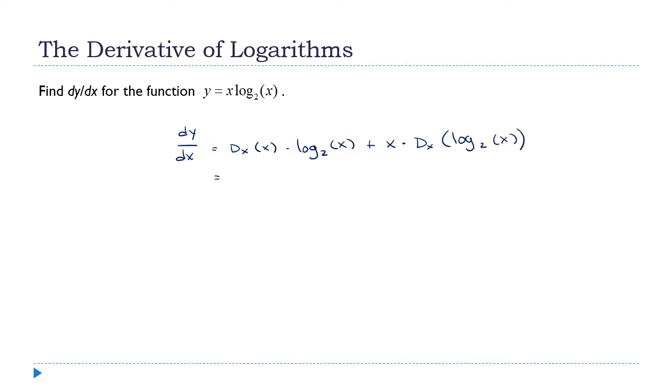The derivative of x is just 1, so this is the log base 2 of x plus x times 1 over x times the natural log of 2. And look what happens here, these x's cancel. This is the log base 2 of x plus 1 over the natural log of 2. That's it, there's my derivative.